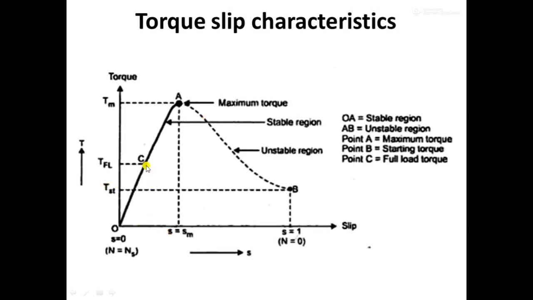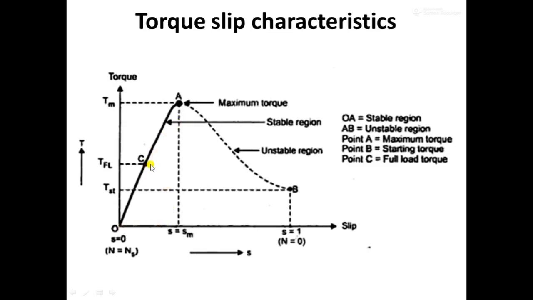So the new point of slip will be somewhere over here. Corresponding to this new point of slip, the new torque will be somewhere over here, and the new developed torque is definitely greater than the previous torque. So it's very clear that whenever we overload the machine, that overloading is compensated by the increase in the developed torque under low slip region.